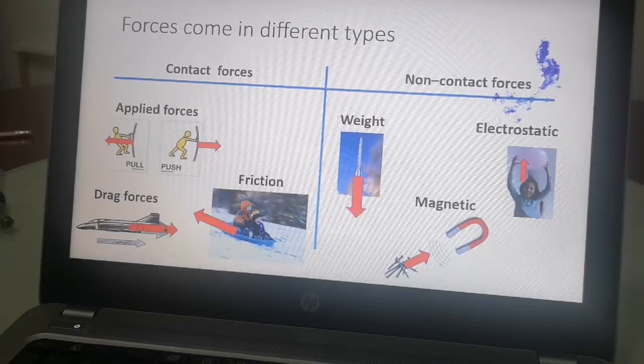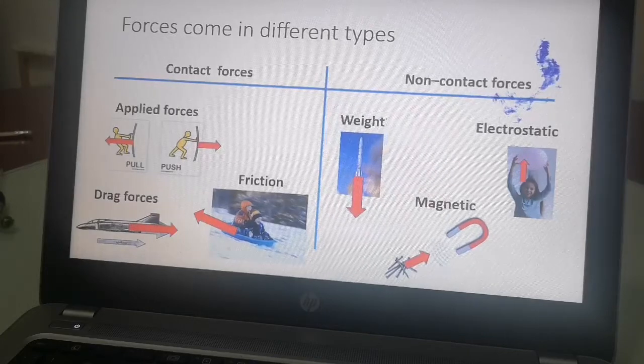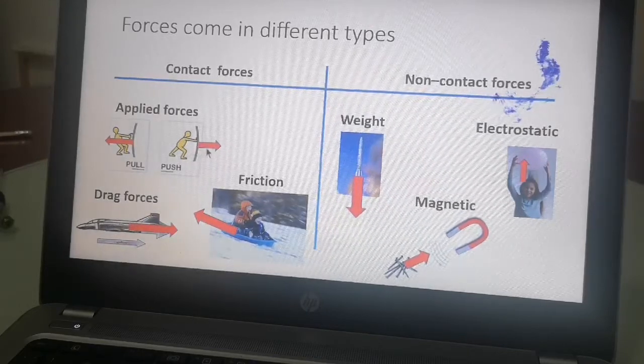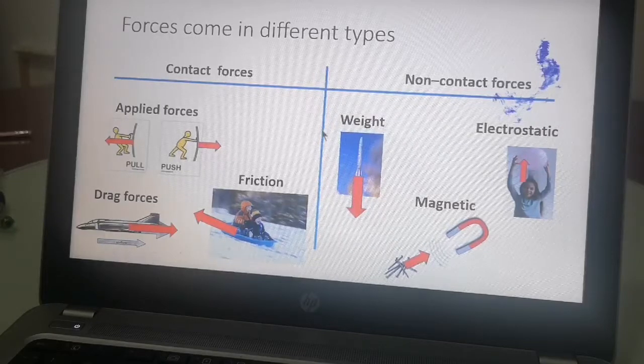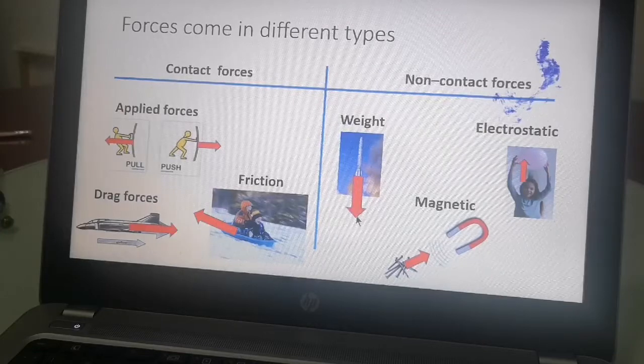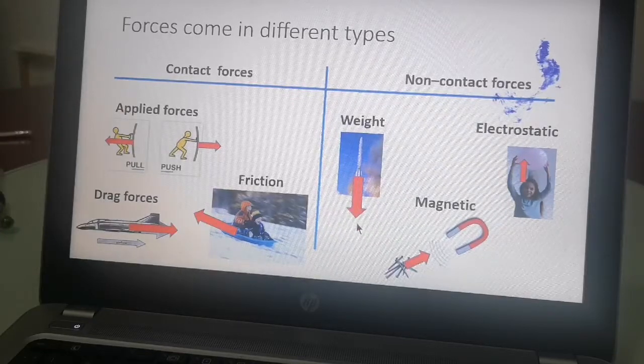This is the air pushing against the plane. Simple push and pull force. These are all forces. Magnetic force, magnet force. And the one we will focus on today, which is weight force. The weight force is the force that pulls you back down to earth.